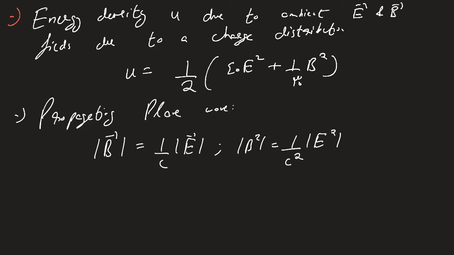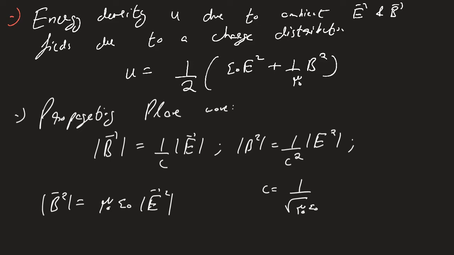And we know that C, the speed of light, is equal to 1 over the square root of mu naught epsilon naught. So that means that the mod of B squared becomes equal to mu naught epsilon naught mod of E squared.